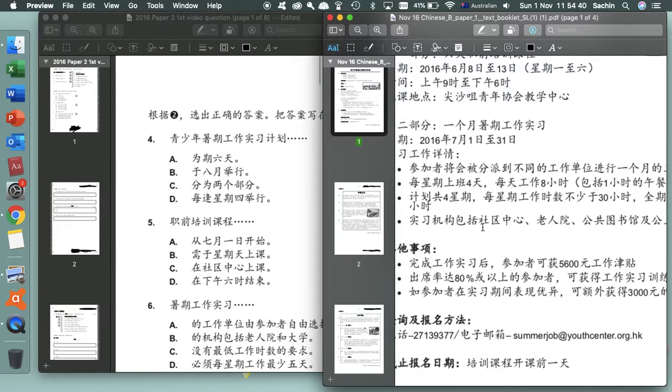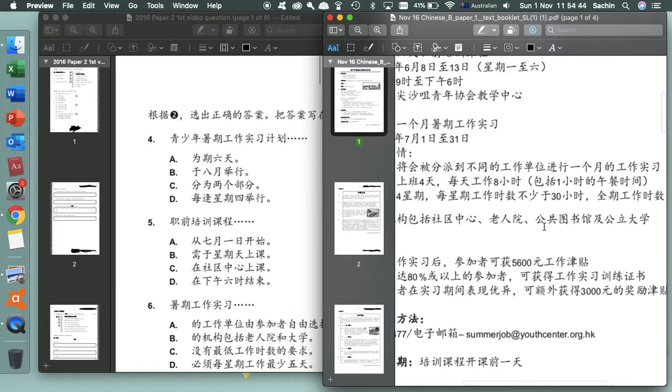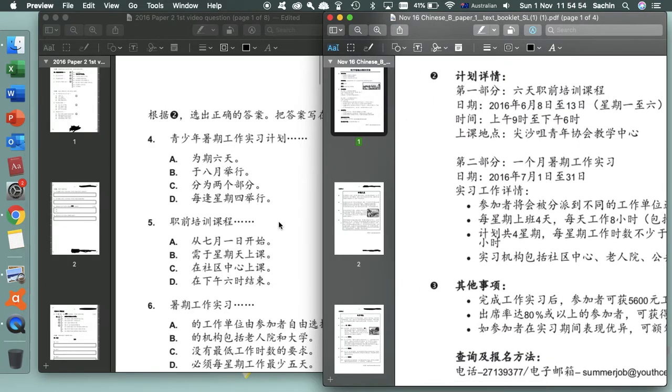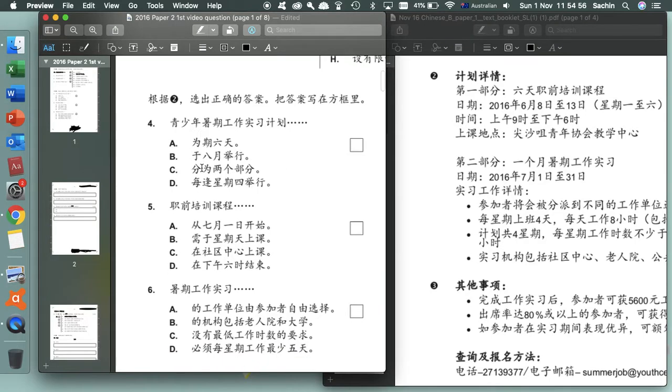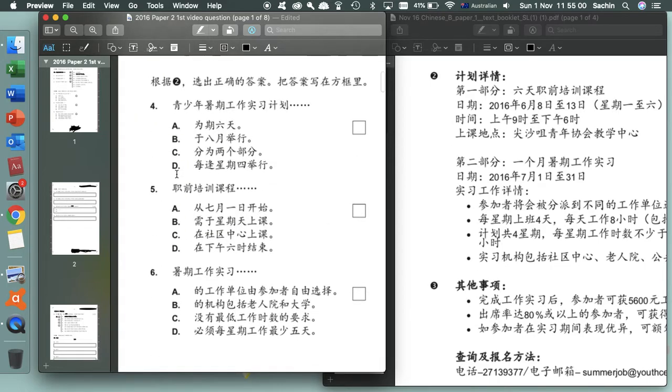The workplaces can include a community center, an old person's home, the local library, or the university. So after that mouthful, we go on to the second section of questions, which fortunately for us is multiple choice.